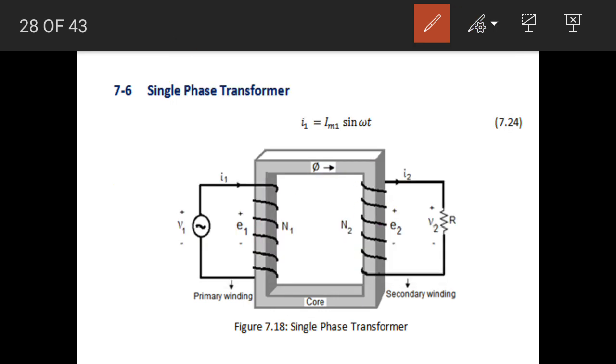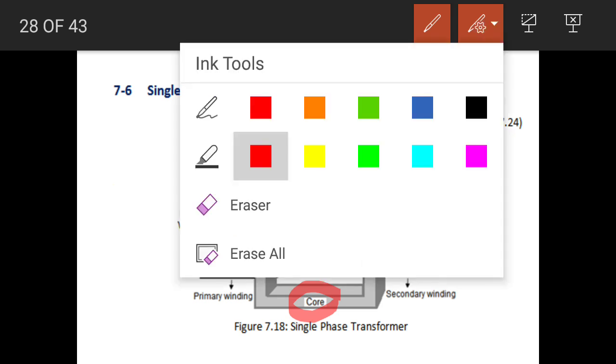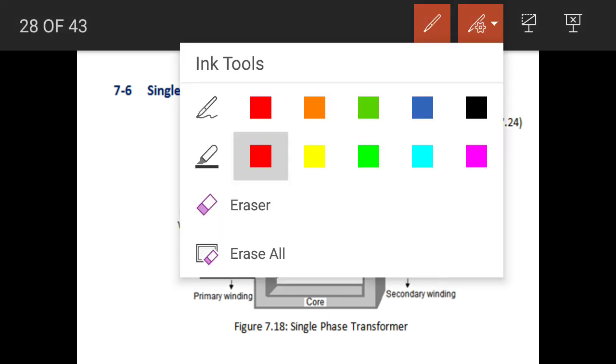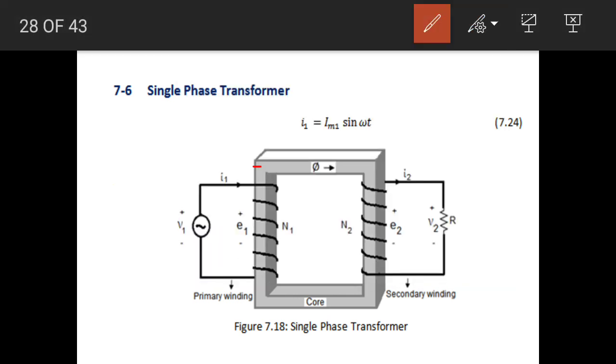So you see, this is the core of this single phase AC transformer. The number of turns of the primary winding is N1, and the number of turns of the secondary winding is N2.